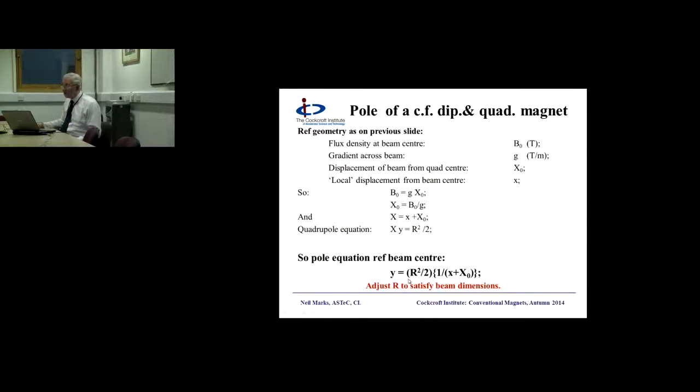We can adjust R to satisfy the beam dimensions at that particular position. But bear in mind, of course, the central region of the quadrupole is missing. It's just been used mathematically to describe the poles of our combined function magnet.